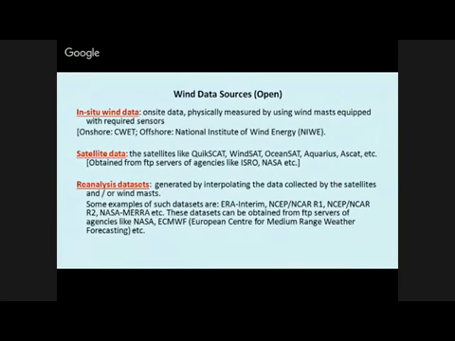Using those centers, data is available, and can be utilized for analysis or assessment purposes. From an open source point of view, a huge amount of data is available. Sometimes at the commercial level, various WAsP and other software are also available, and they are also selling the data, because this data has become a big business across the world.